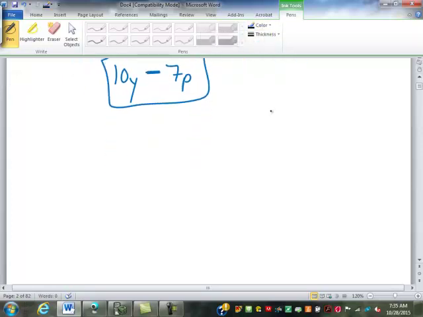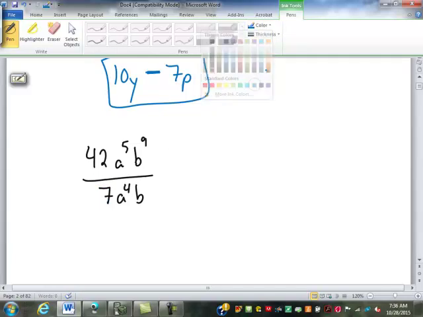We could run into things like this. 42 a to the 5th, b to the 9th, divided by 7, a to the 4th, b. As I divide this out, I'm going to combine the counts. 42 divided by 7 is 6.